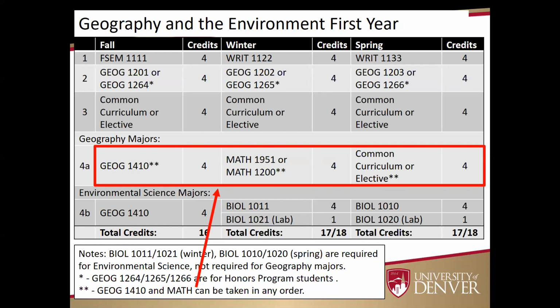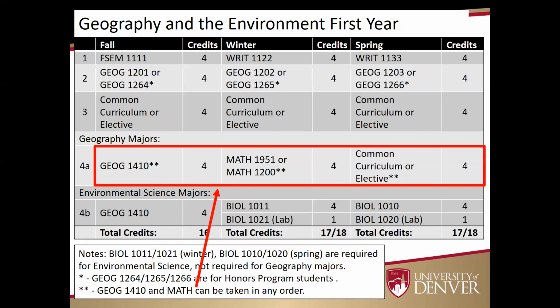You also need to take a math class, either Calculus 1, which is Math 1951, or Calculus for Social Sciences and Business. Either one of those will fulfill the requirement for geography majors. You also, in that spot of 4A, will take a common curriculum or an elective.